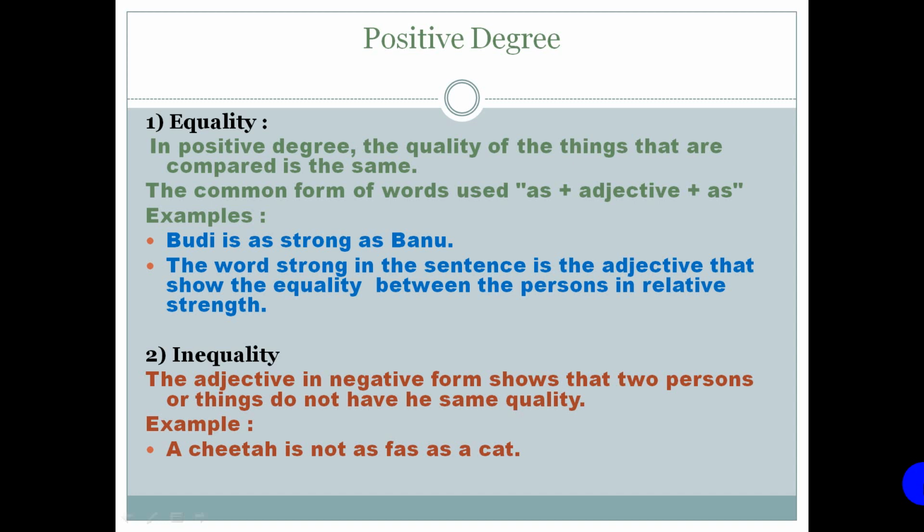For example, Budi is as strong as Banu. The word strong in the sentence is the adjective that shows the quality between the persons and their relative strength. The second, inequality. The adjective in negative form shows that the two persons or things do not have the same quality. For example, a cheetah is not as fast as a cat.